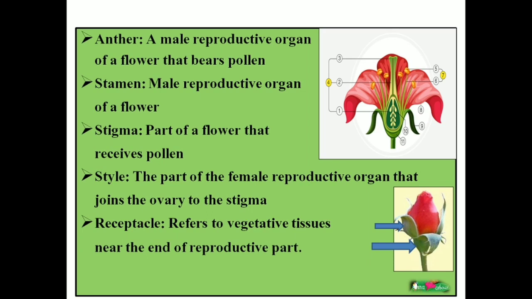So you can observe here that the big arrow shows the receptacle and the small arrow shows the sepal. So this is regarding the floral parts: stamen, pistil, anther, then stigma, style, ovary, receptacle, etc.